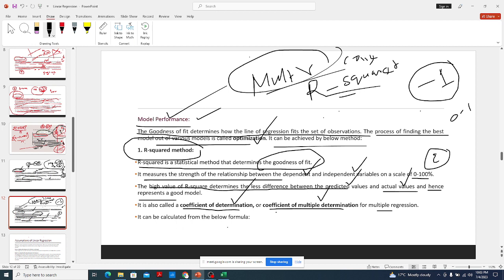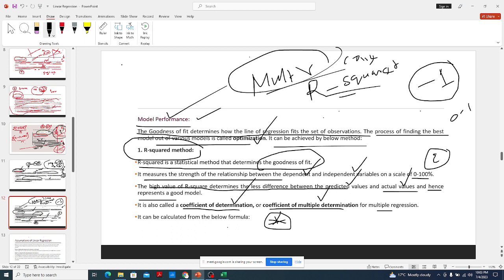I will share the formula maybe tomorrow, and I will also explain it when we do linear regression.